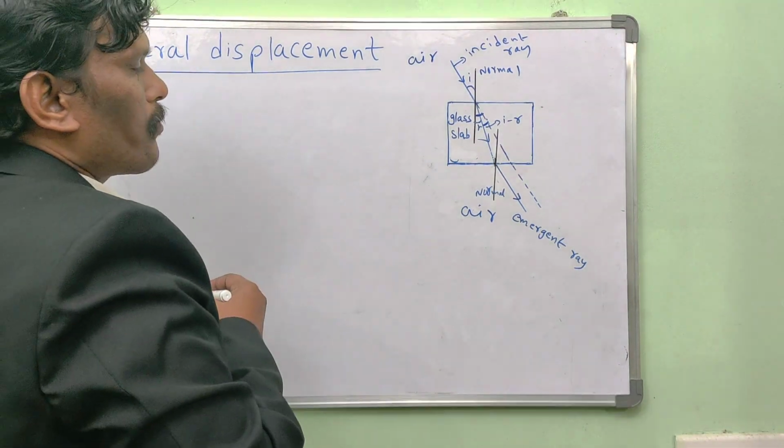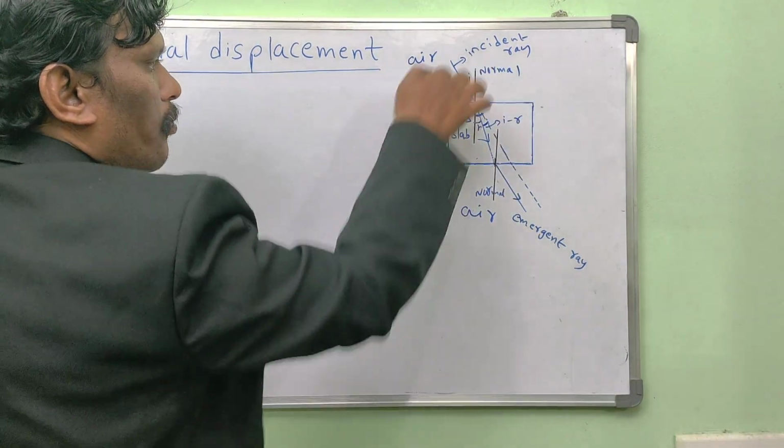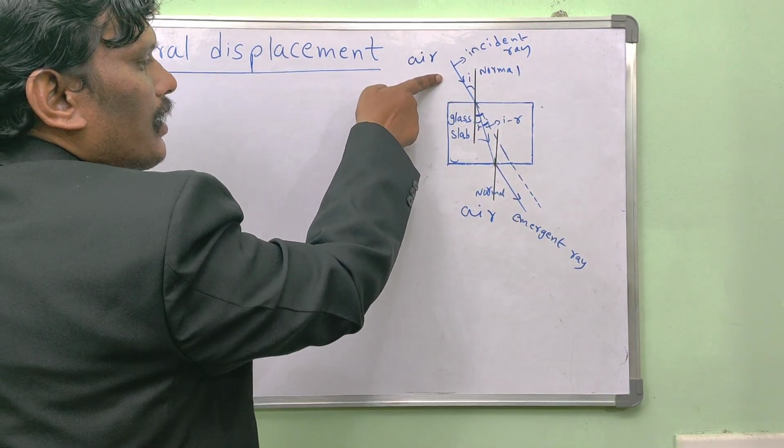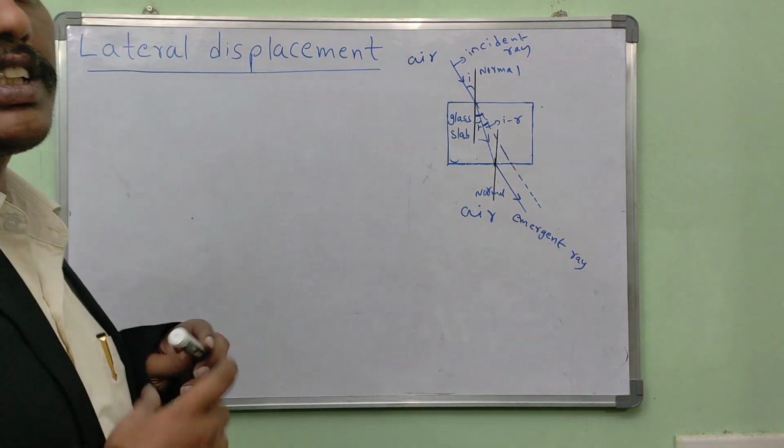Now what is the lateral displacement? We will see first of all. When a light ray passes through a glass slab, the incident ray and emergent ray both are parallel to each other.